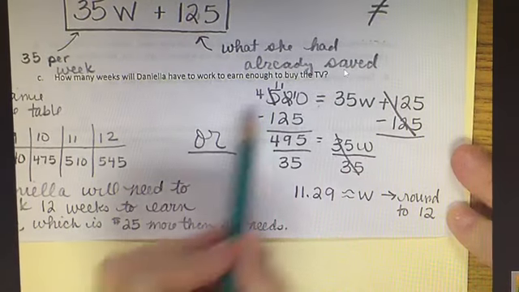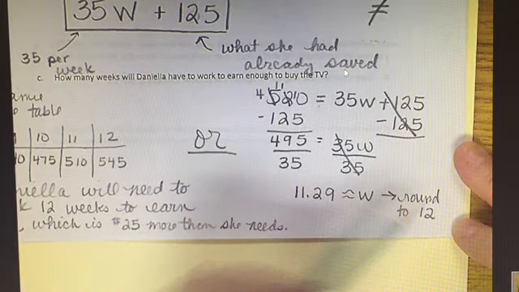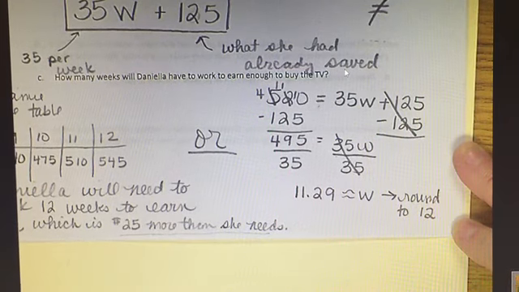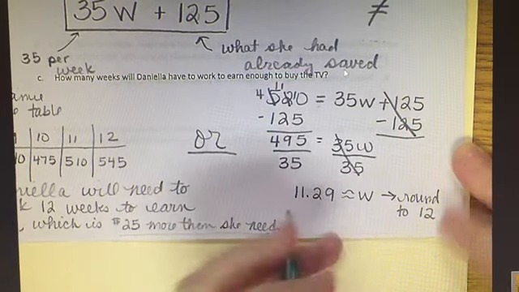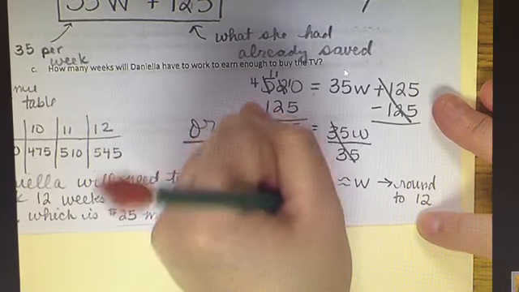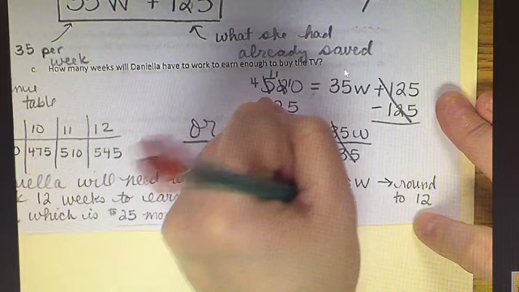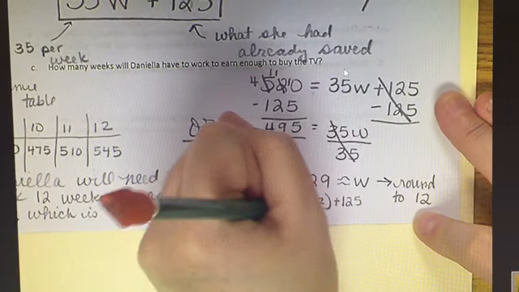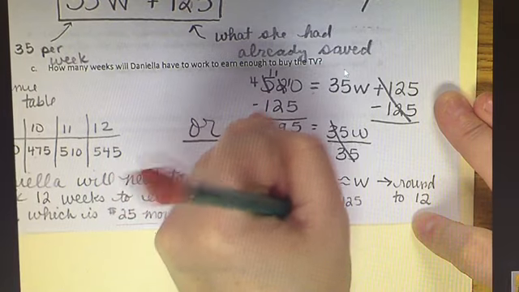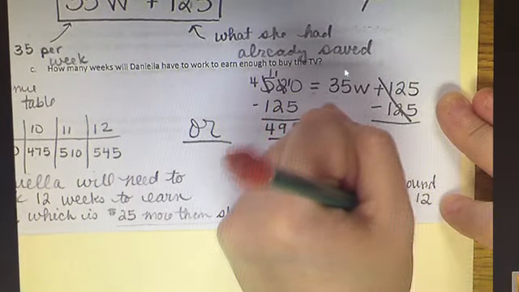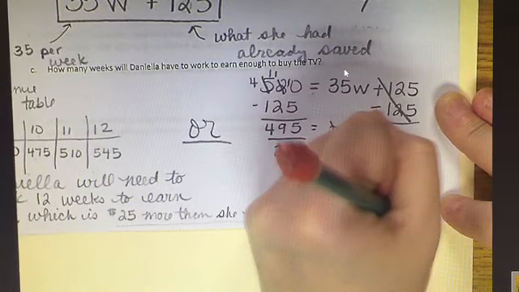But the only problem with doing this is we don't end up with this sentence right here, which we need to do. So this can't be the end of what you do. You're going to need to actually plug it in. 35 times 12 plus 125, which is 420, plus 125, which equals $545.